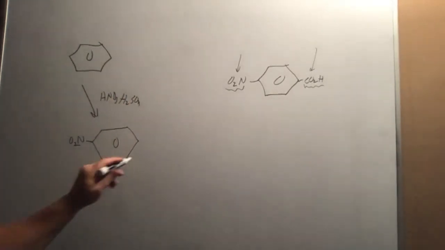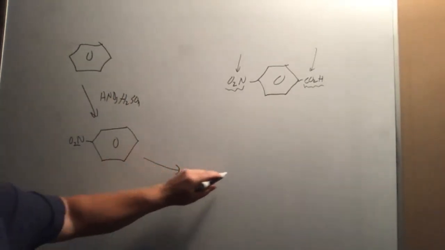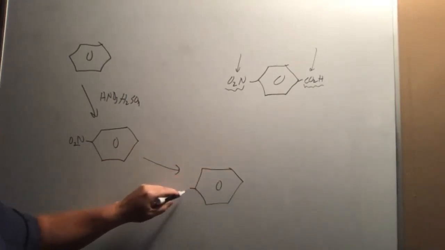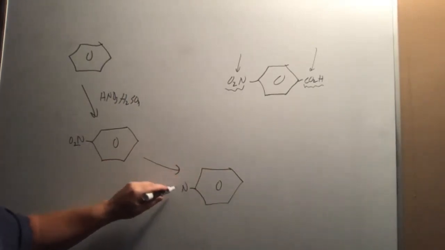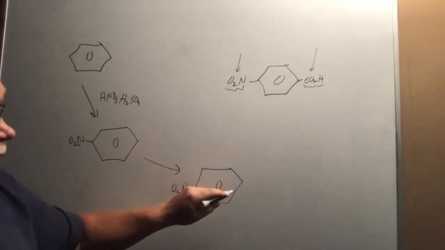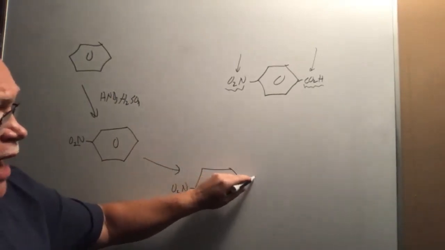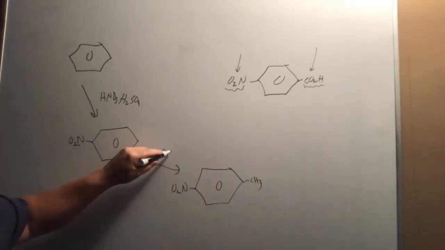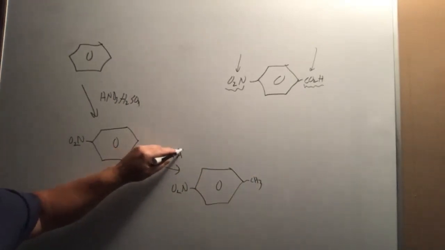So if I do that, what do I have to do next? Put some alkyl group on here. Since it doesn't matter what alkyl group it is, I'm just going to try to add a methyl. The reagent to do that would be this. So if you did this on the test, what's wrong with that step?